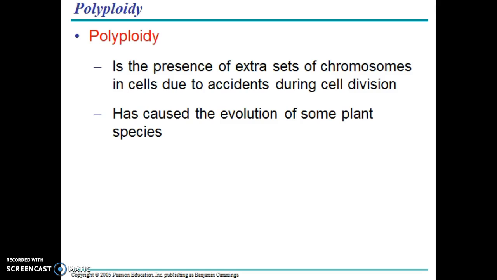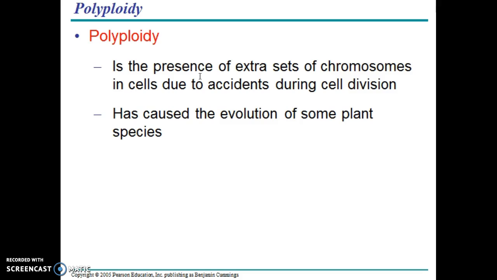So we talked about polyploidy in a few chapters prior to this. At this point, you should be familiar with polyploidy being more than the standard number of chromosomes in cells, usually due to accidents during cell division. Non-disjunction would result in polyploidy cells.